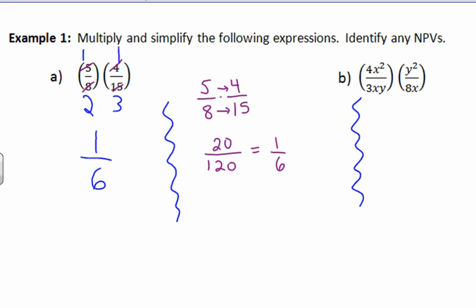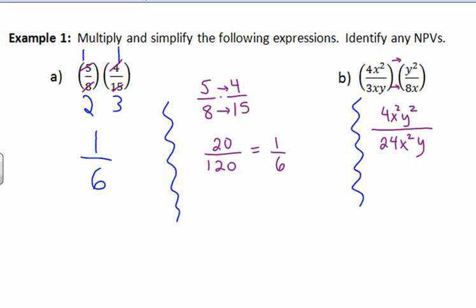So let's look at this guy. Did anyone multiply straight across first? No? Anybody? Okay, let's do that one, and then the other method. So straight across, I would have 4x squared y squared, thank you, times 3xy times 8x, what would that be? 24 x squared y. When you have the same bases being multiplied, we add the powers.